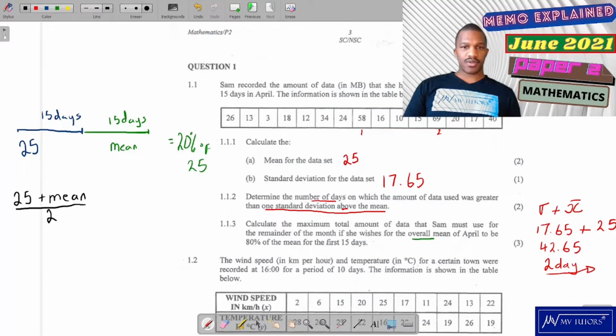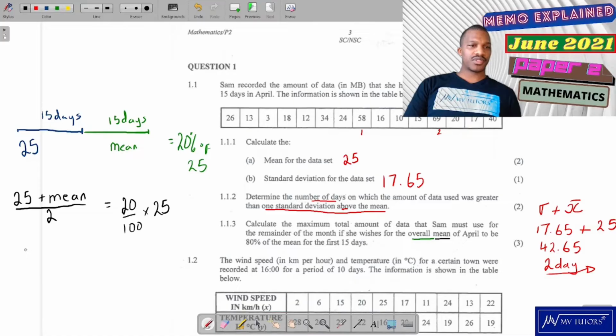So we're still dealing with the overall mean. To get the mean between these two, it must be equal to 20% of 25.